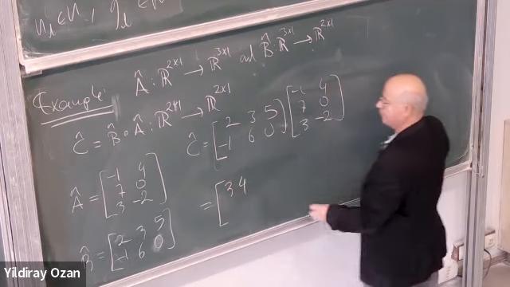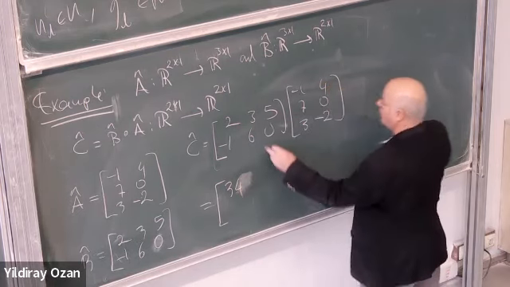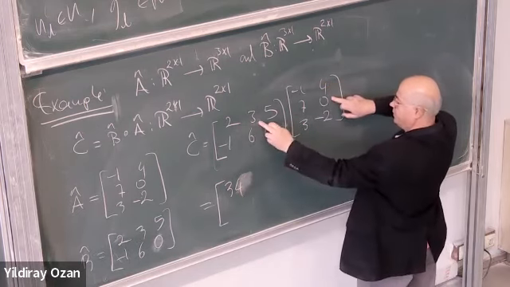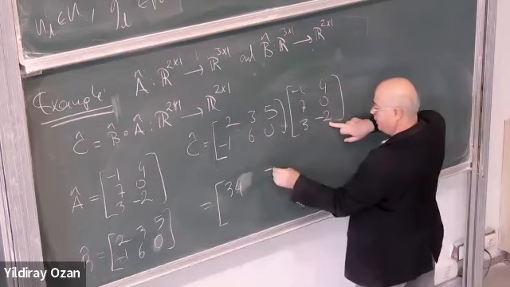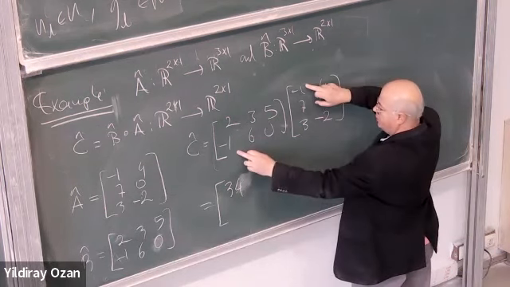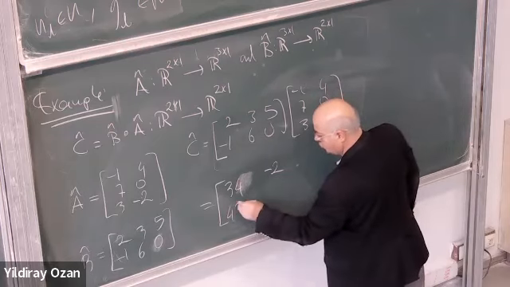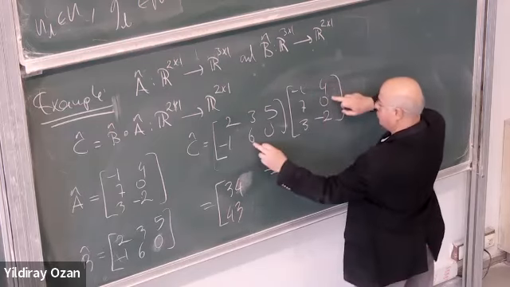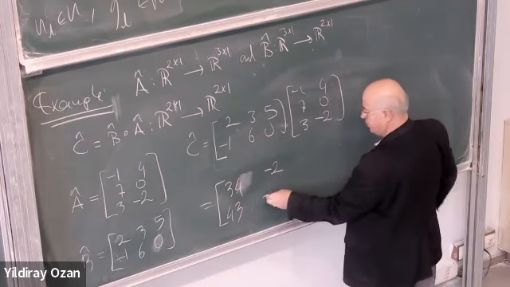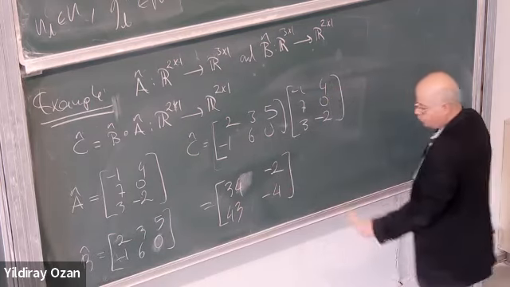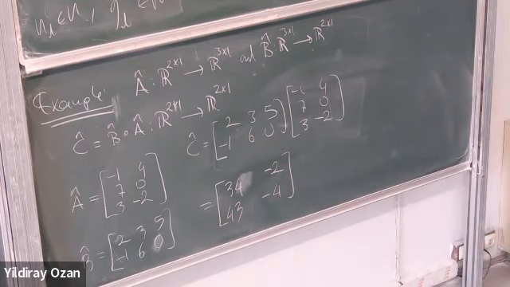Tamam. 34. 8, 0, eksi 10, eksi 2, 1, 42, 43, eksi 4, 0, 0. So it is this one. Tamam mı?